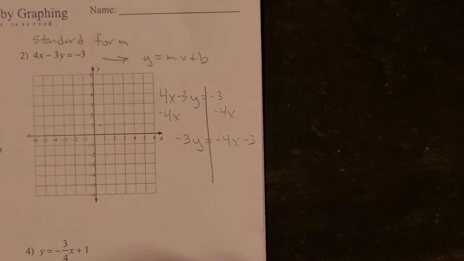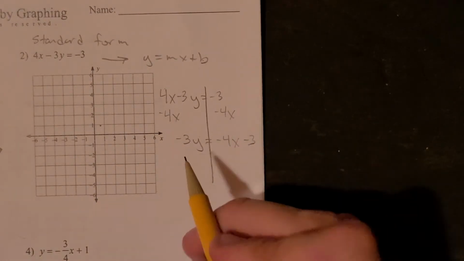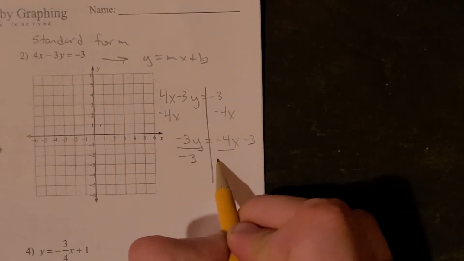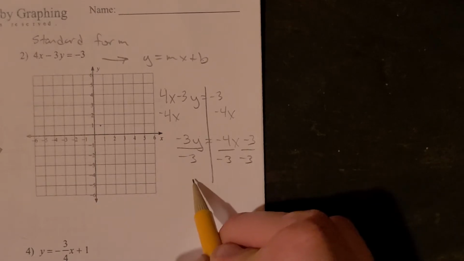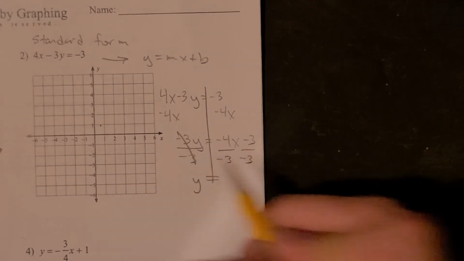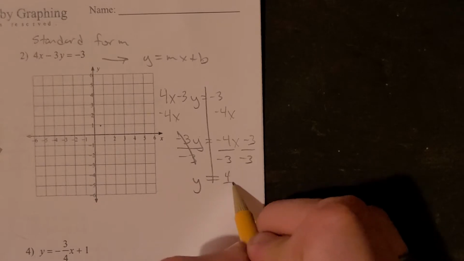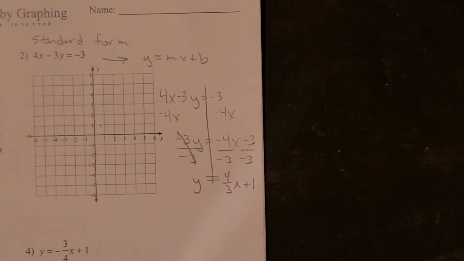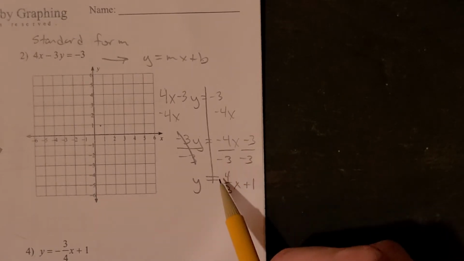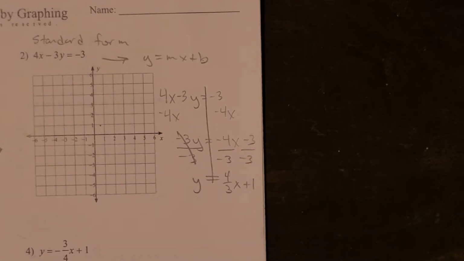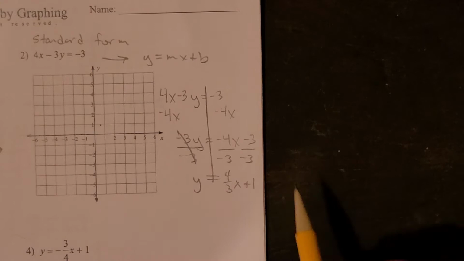Don't forget, these two are not like terms, so I can't squish them together. Divide by negative 3, and you get y, because these cancel out. Positive 4/3 x plus 1. Negative times a negative is a positive. Negative 3 times negative 3 is a positive 1. And this is what we're trying to graph.